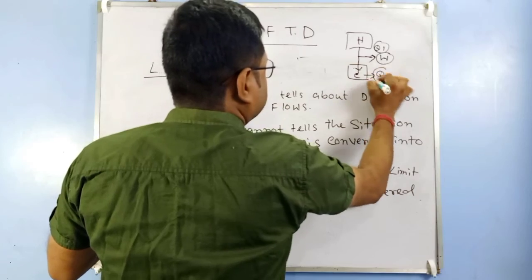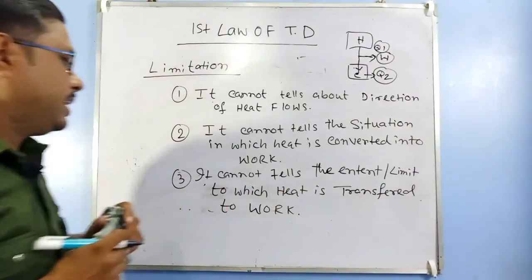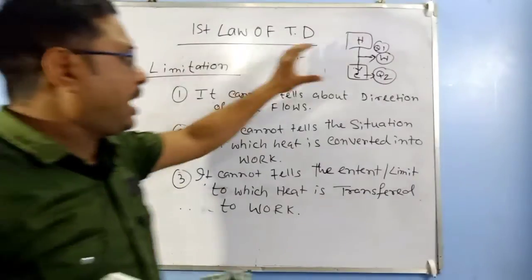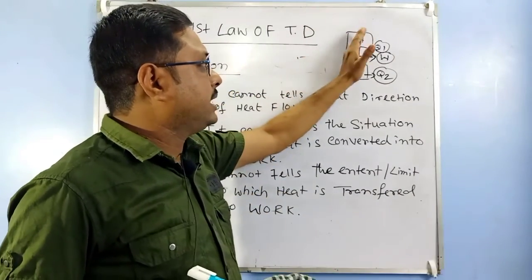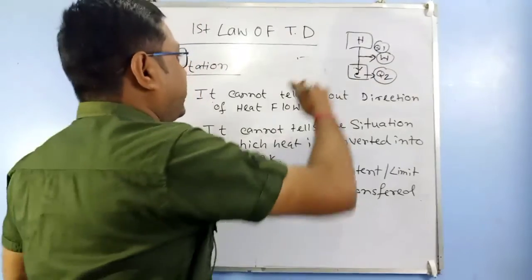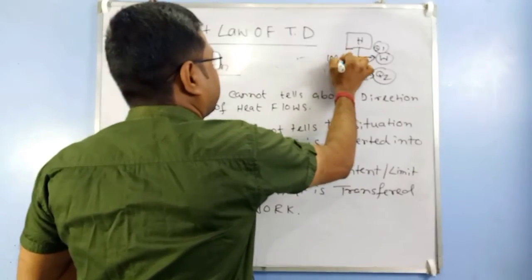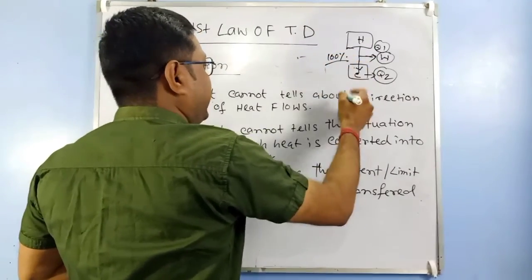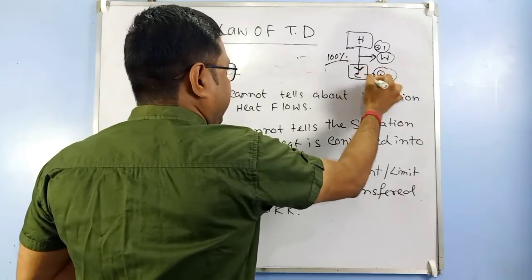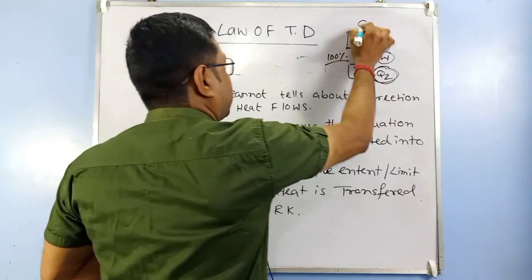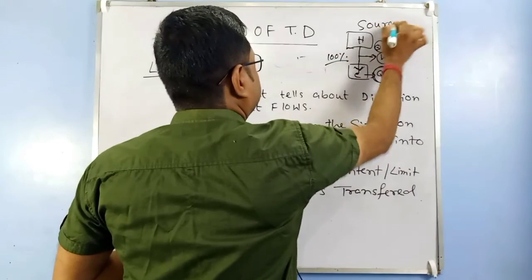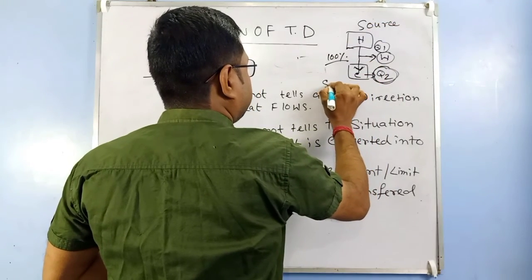It cannot tell why heat cannot be 100% converted into work. That is why it rejects an amount of heat to the sink. This hot body is called the source and the lower temperature body is called the sink.